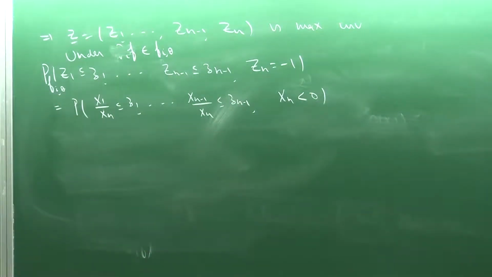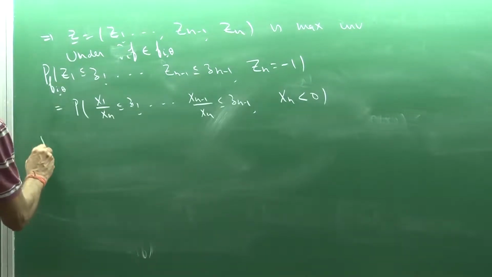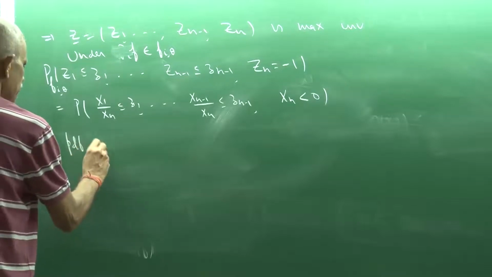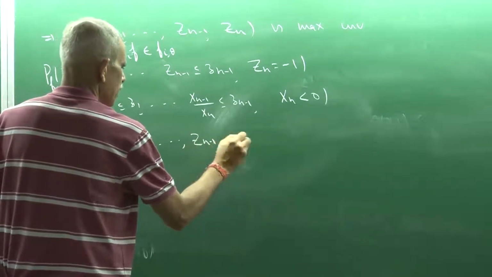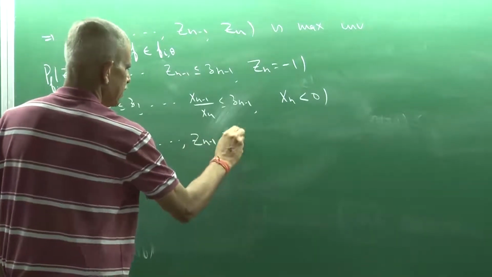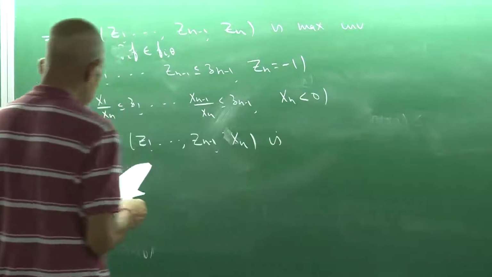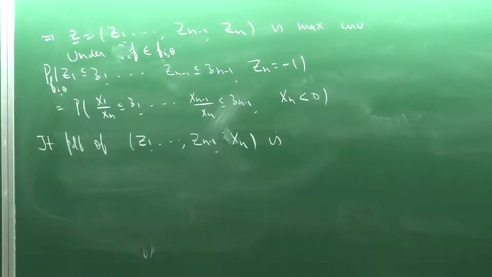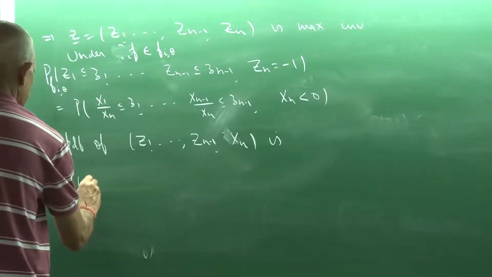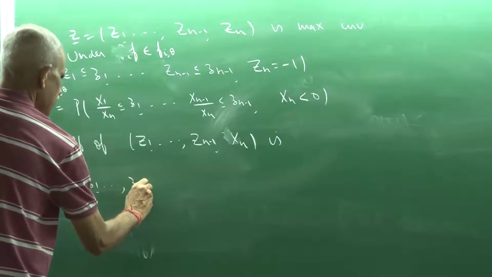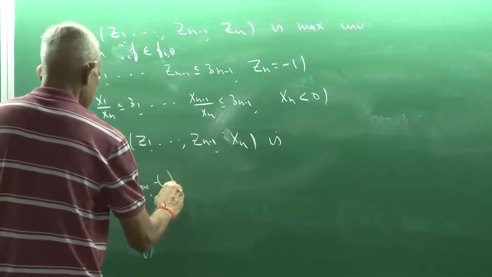So I need to find out first the joint density of Z1, Z2, Zn minus 1 and not Zn, let's say xn, because Zn is a discrete value. What is the joint PDF? Let me write this as h of z1, z2, zn minus 1 and xn, let me put at t.